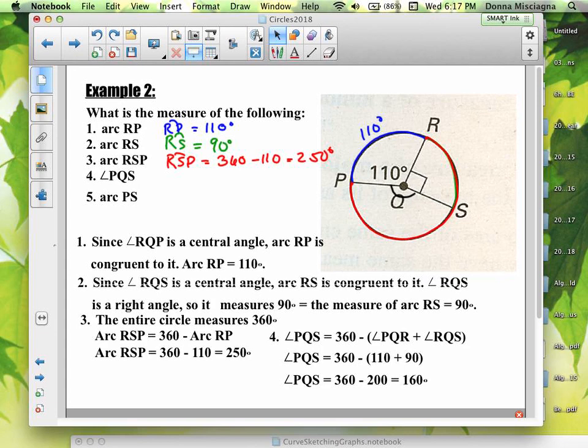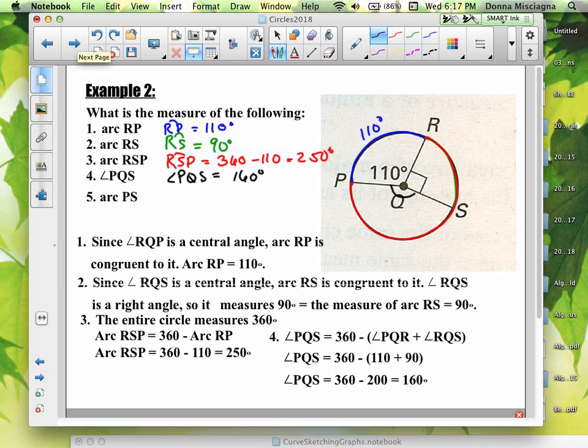So if we subtract away the 110 and the 90 degrees, we're going to be left with 160 degrees for angle PQS. So angle PQS equals 160 degrees. I won't write all the reasons, since I did on the other one because it was in your notes, so you would be able to have a shorthand way to write it. I have it right below there, so I don't need to write it again.